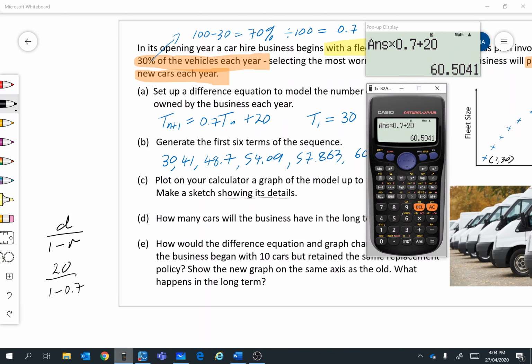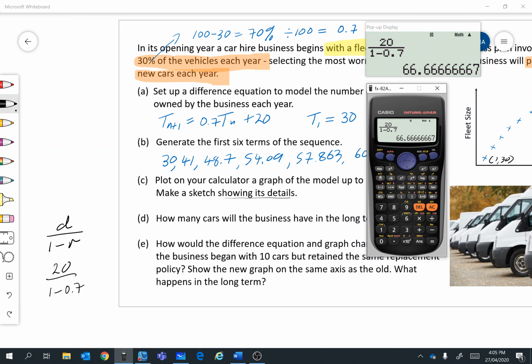So if I actually put that into the calculator, okay, we see that it's 66.666 recurring. So that's the biggest number that it's possibly going to get to. It's going to flatten out and never quite reach 67. But the nearest whole number is 67. So we'll say that in the long term, that's how many cars there are.